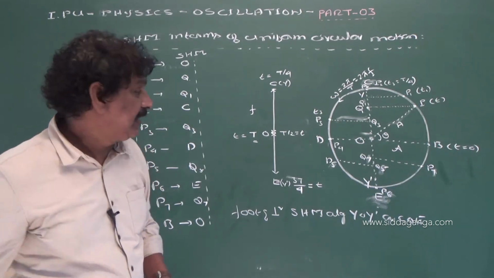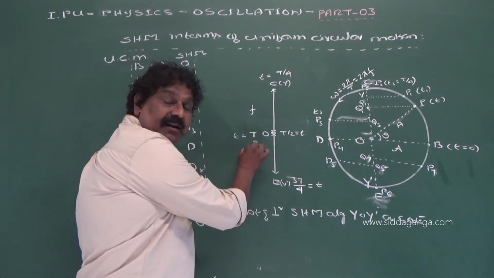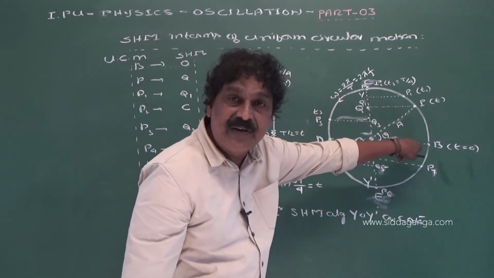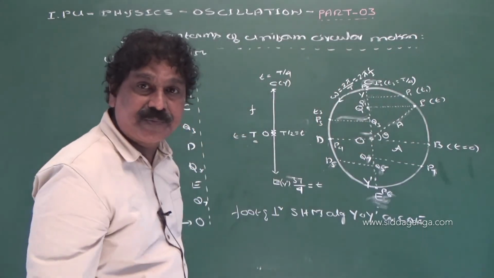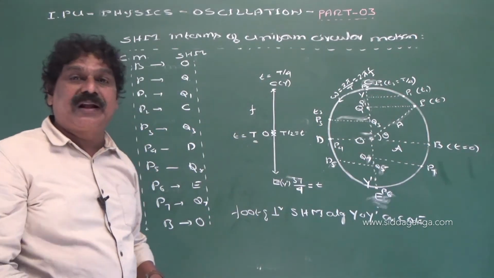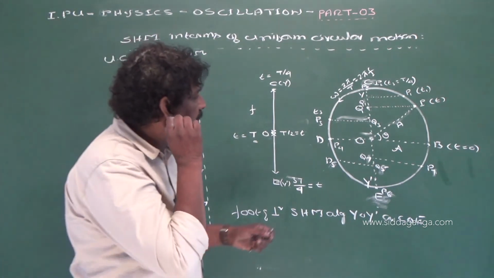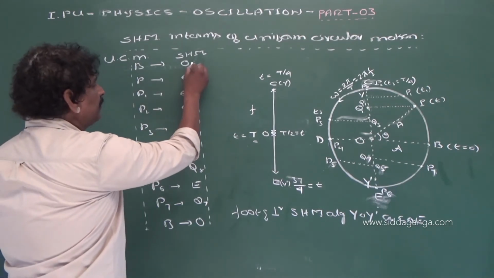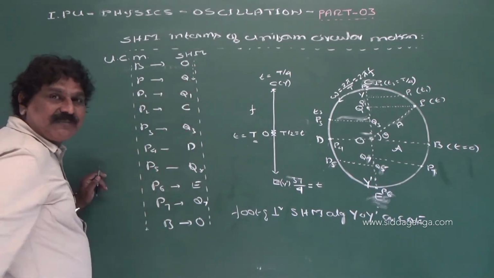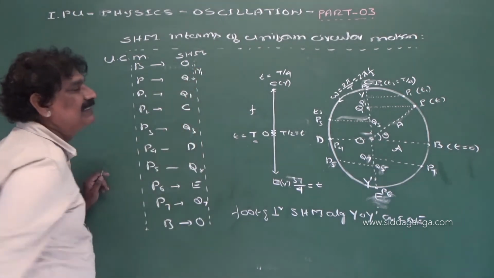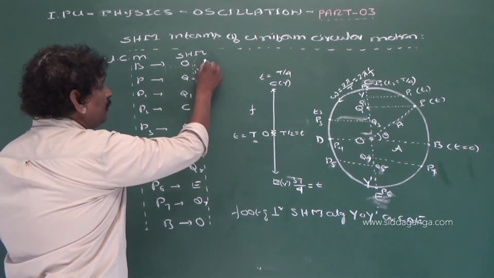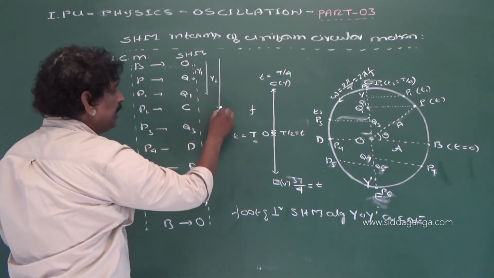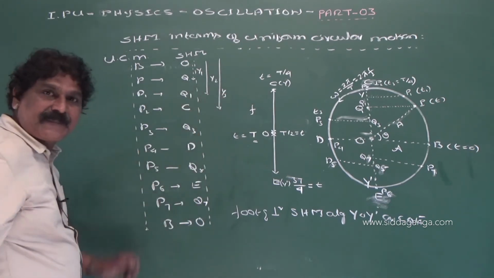One thing to say here, the time period of simple harmonic motion of the foot of the perpendicular is the same as the time period of the particle in circular motion. Frequency is also the same. Now see here, OQ is displacement y1, OQ1 is displacement y2, OC is displacement y3.